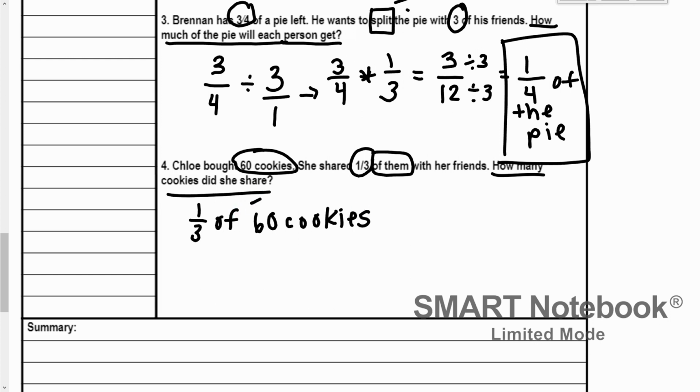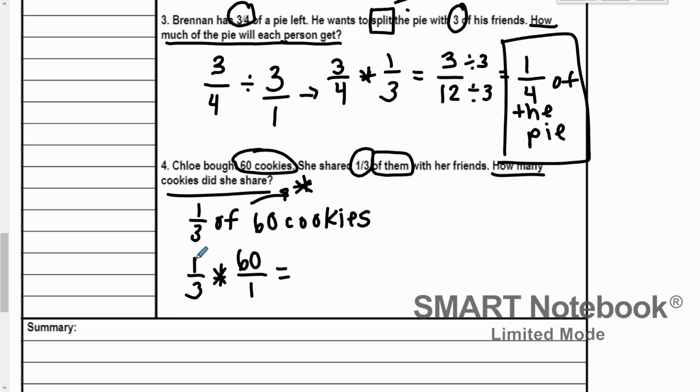The "of" means multiplication. So we are going to take 1/3 and multiply it by 60 cookies, and we make that into a fraction by putting 60 over 1, because 60 divided by 1 is just 60, same thing.